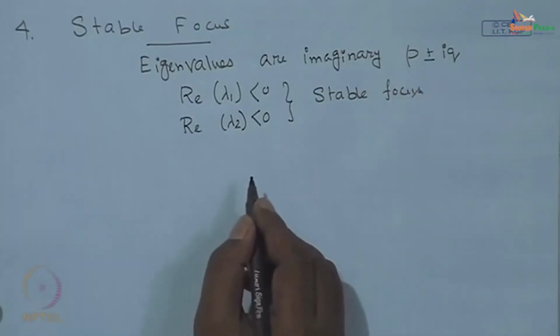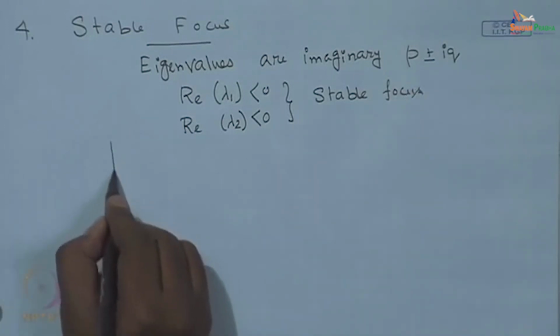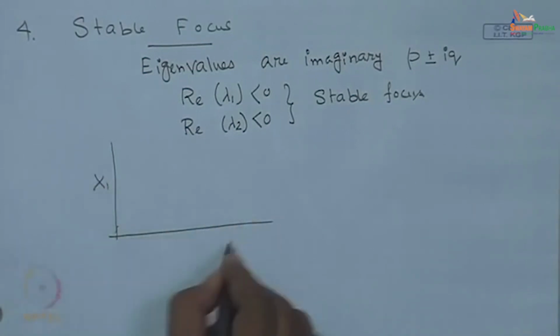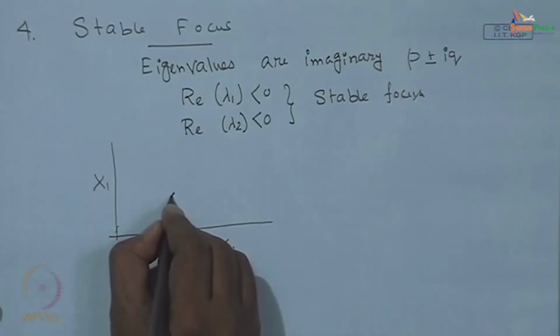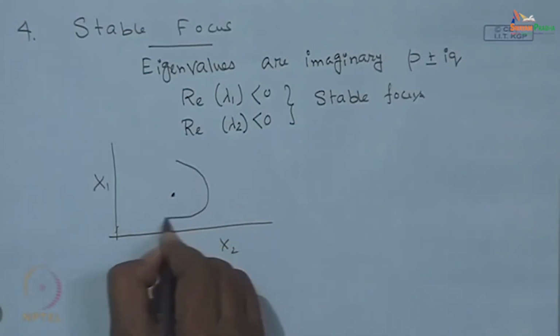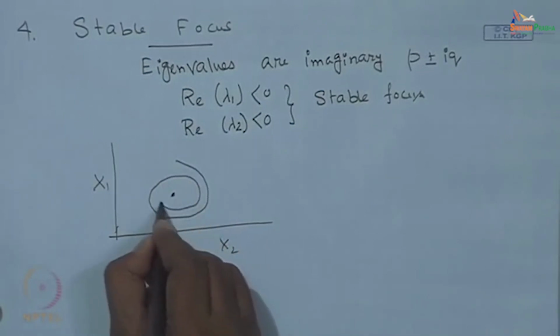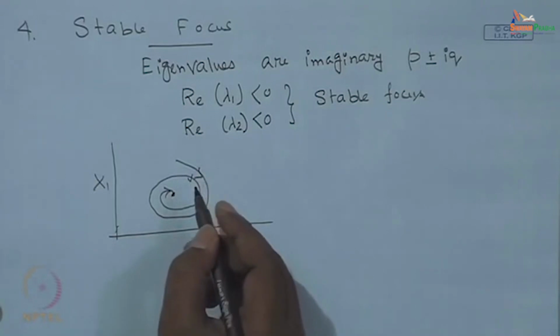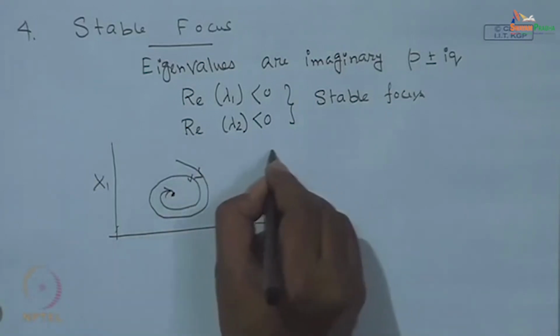If you look into the phase plane plot, the steady state is here. Whenever you start from some point, the trajectory will spiral towards this steady state.